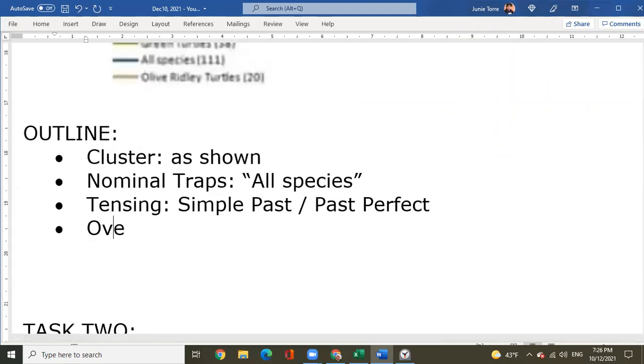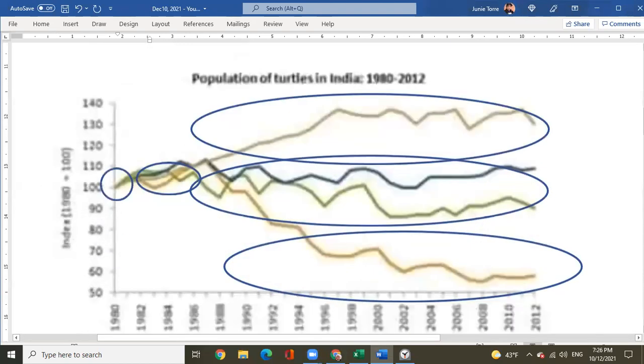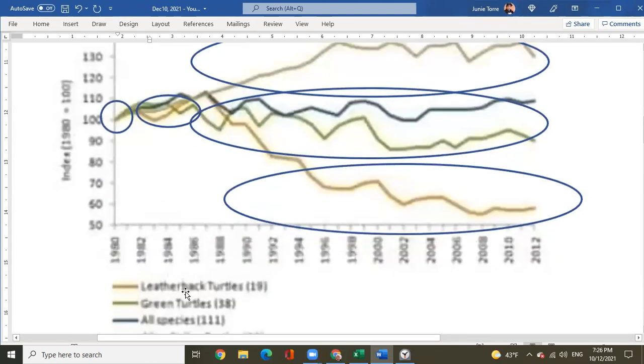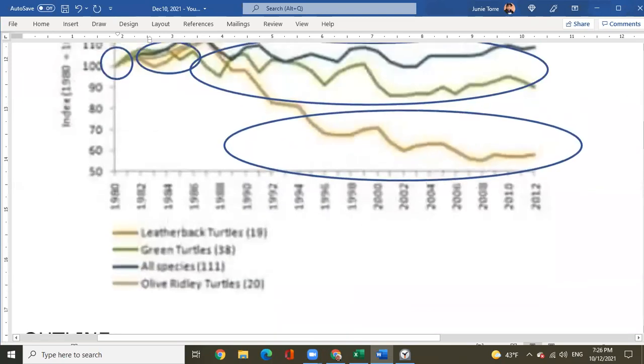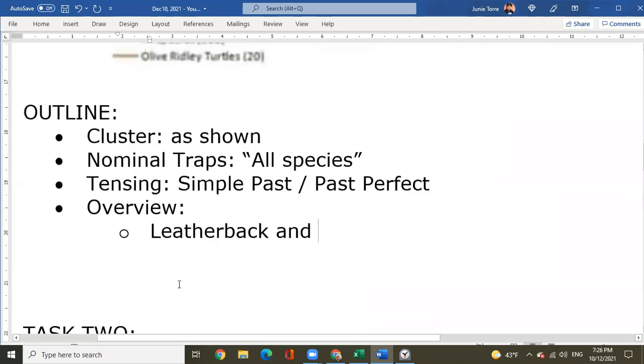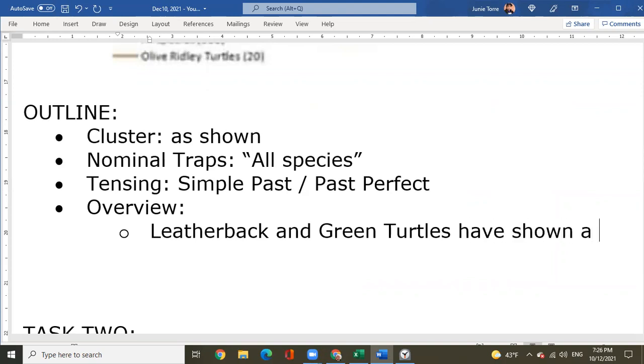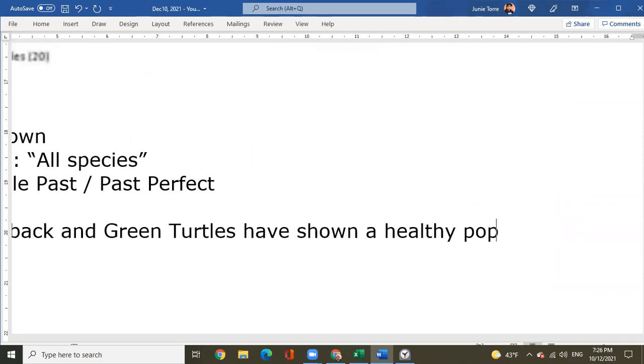And then, of course, the overview is we will cite that leatherback turtles and green turtles, how do we spell greenback? Green turtles have shown a healthy population range.